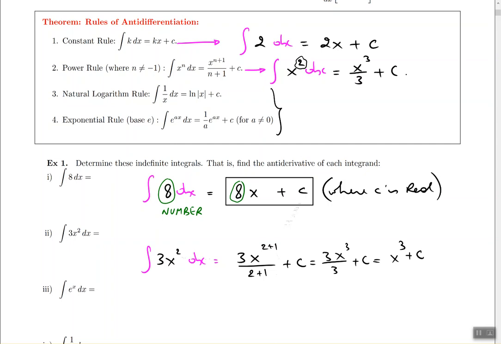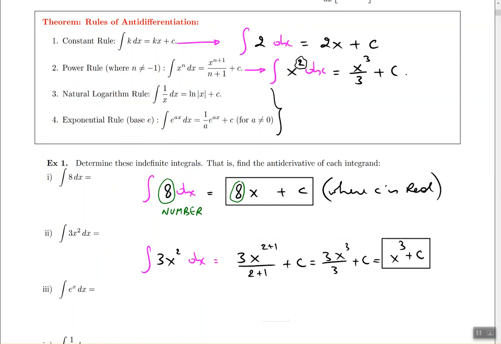And again, keep in mind that c is just some random real number. Again, how do you know that this is the right answer? Take its derivative. Do you get back 3x squared? The derivative says bring the power down, slide it over, take away 1, and yes, it turns out to be 3x squared. So that's how I know I'm doing it right.